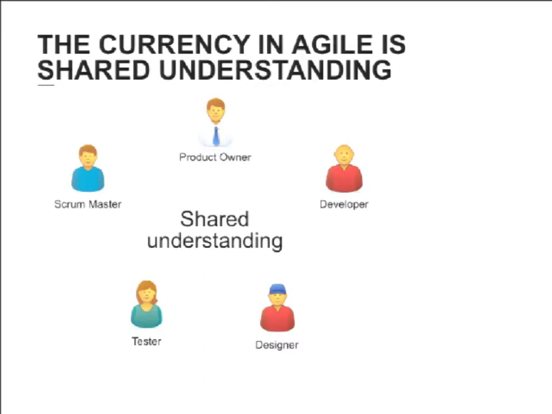So in Agile, the currency is shared understanding. Here we have a typical Agile team. It consists of the product owner, the Scrum Master, developers, designer, tester. And it's really important that they have this shared understanding of what needs to be built and how to build it.